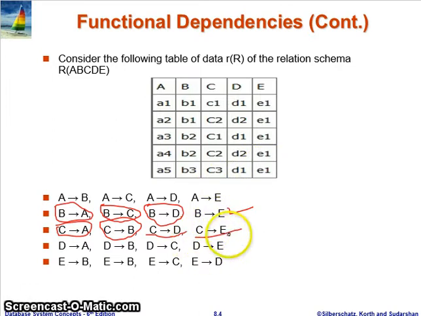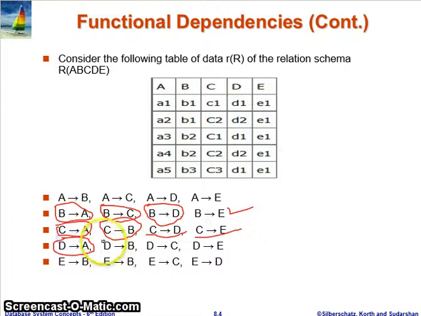C functionally determines E. Check for D functionally determines A. For D1 there are two or three D1: the first D1 has A1, the second D1 has A3, so this condition is not holding, so D to A is not true.